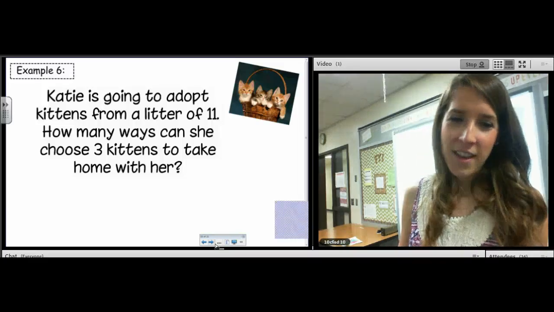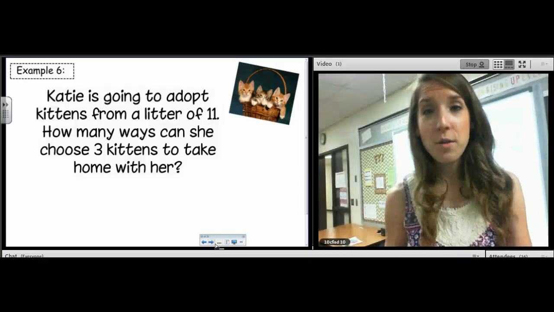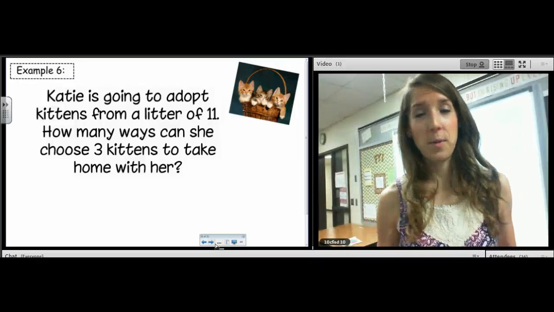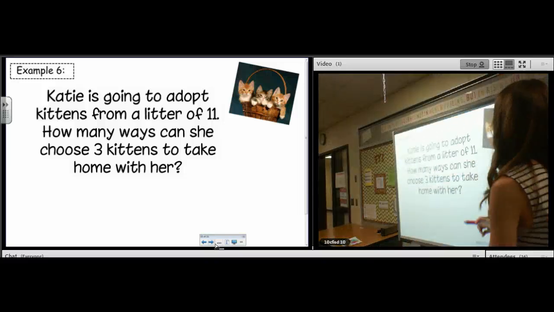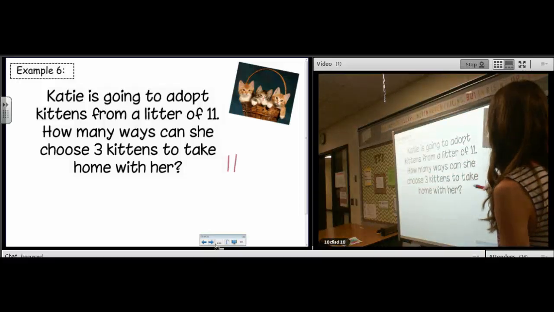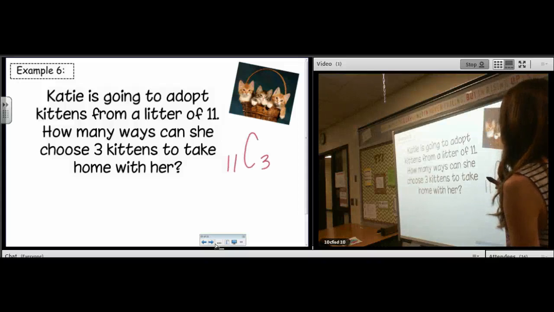Good, okay. It does not matter which kitten you pick up first. If 3 are going home with you, 3 are going home with you. Doesn't matter which one you put in the basket first, right? So there's 11 choices. We want combination. We want to take 3 of them with us.